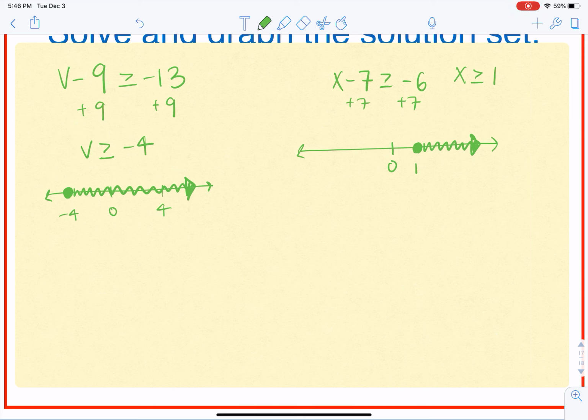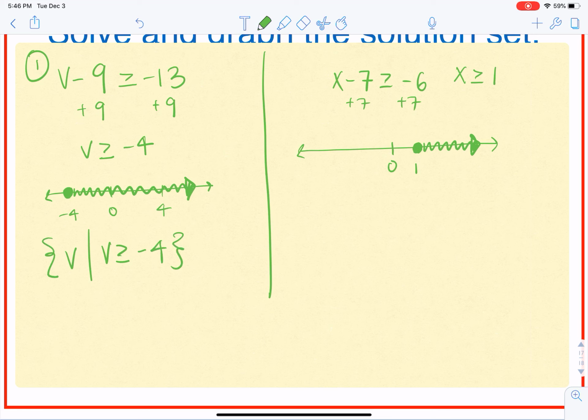And going back to our set builder notation, for the first problem, my solution is v values such that v is greater than or equal to negative 4, all in my curly brackets. And my solution set here is x values such that x is greater than or equal to 1, again, all in curly brackets.